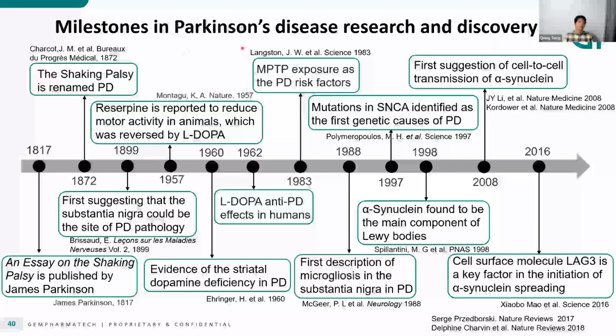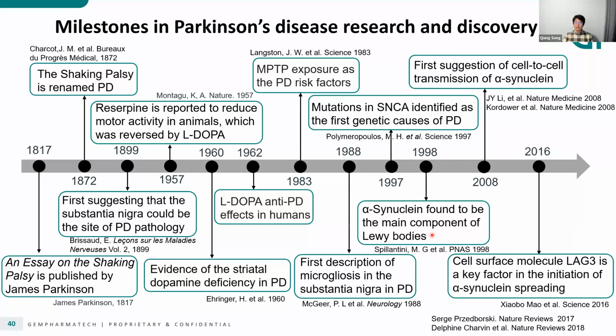Here is a milestone timeline of Parkinson's disease research and discovery. It has a long journey of about two centuries of research, first described by Dr. Parkinson. Sequentially, many pathological features of Parkinson's disease were discovered, like dopaminergic deficiency, microgliosis, and alpha-synuclein accumulation in Lewy bodies.